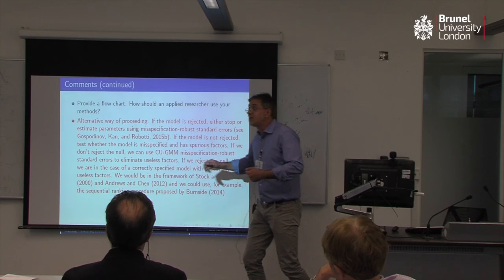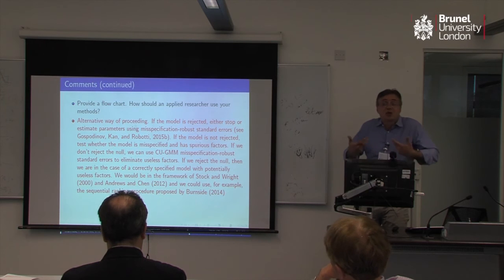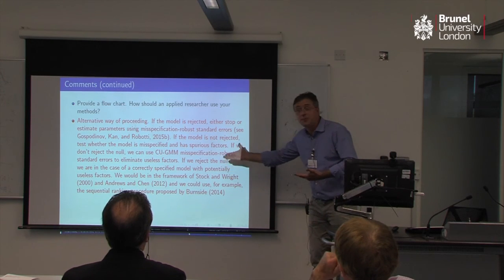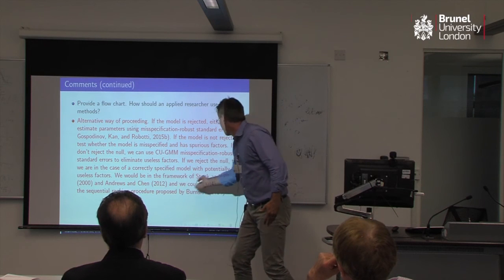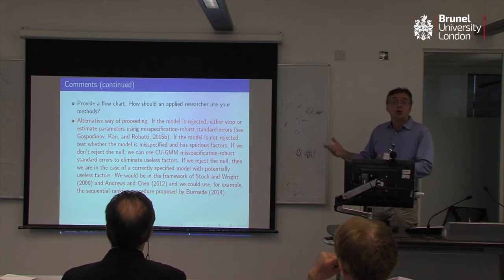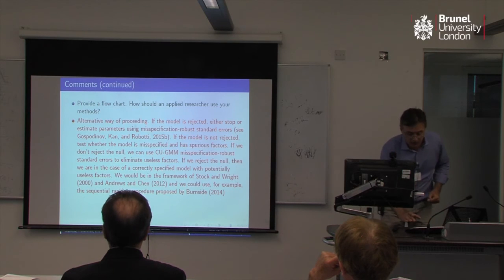If you reject, this means that you are in the case of correctly specified models with potentially spurious factors. At this point, you would be exactly in the framework of Anderson, Chen, and Stock and Wright. And you could try to do model selection using the methodology of Burnside, which is based on sequential rank testing.